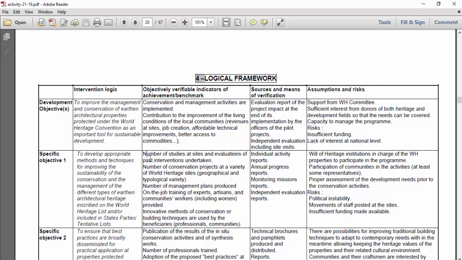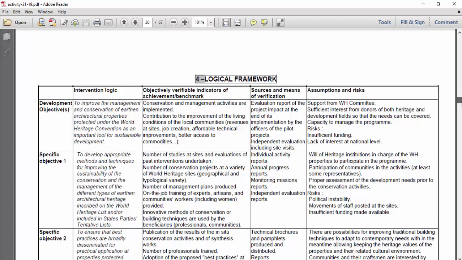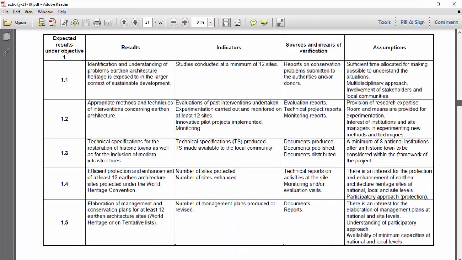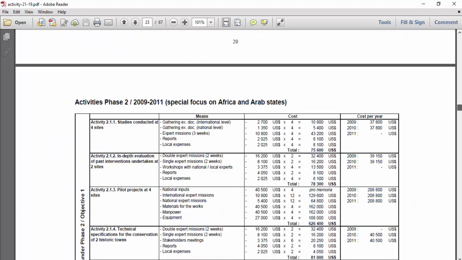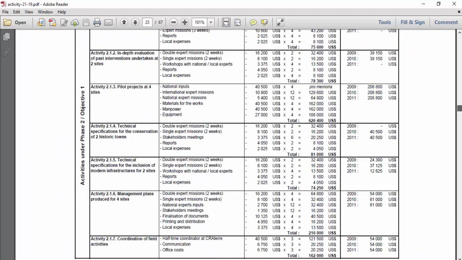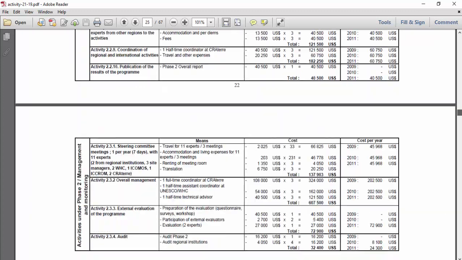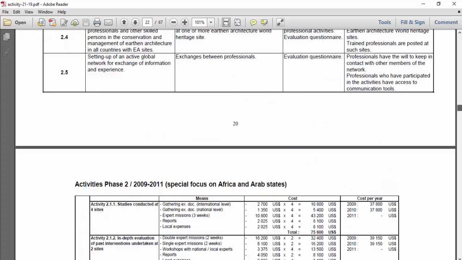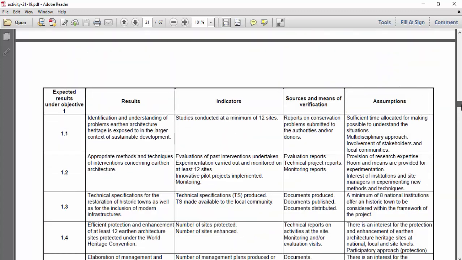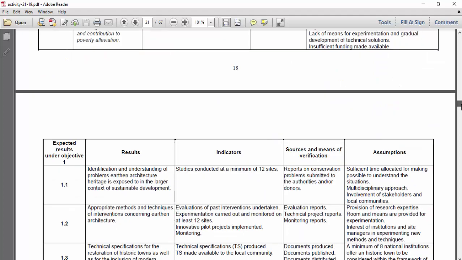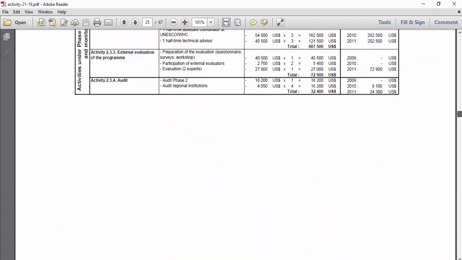You can already see that things just fall into place when you go to the logical framework. This is what I like to do: go to the log frame and have a brief understanding of what it is trying to do.